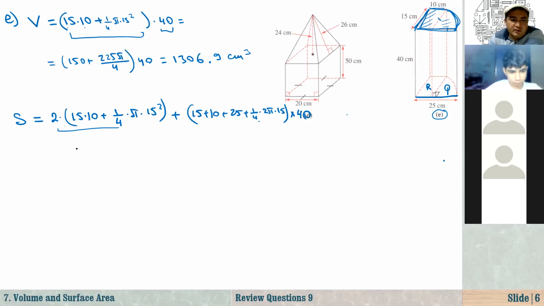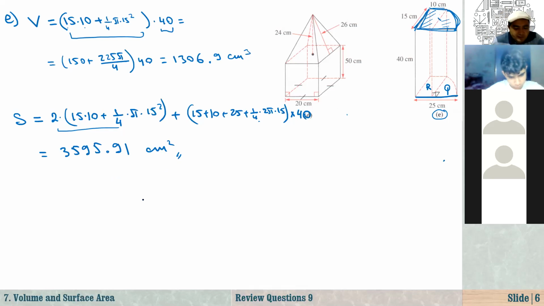So what we get here is 2 times 150 plus 25 over 4 times pi, close the brackets, plus open brackets, 15 plus 25, 25 plus 25 is 50, plus 7.5 pi, close the brackets, times 40. So the answer is 3595.91 cm squared.